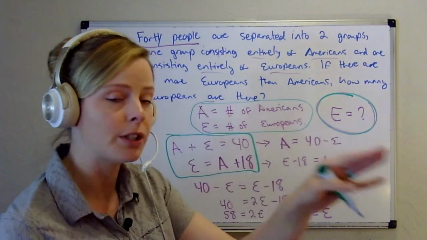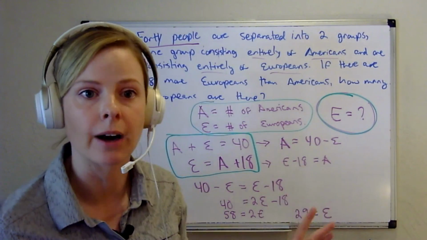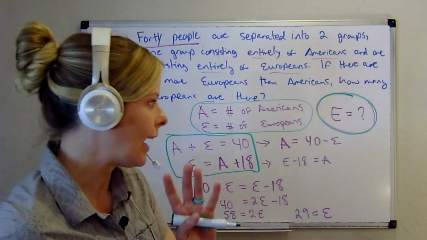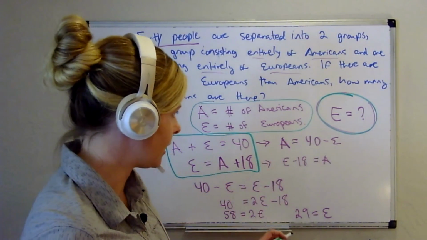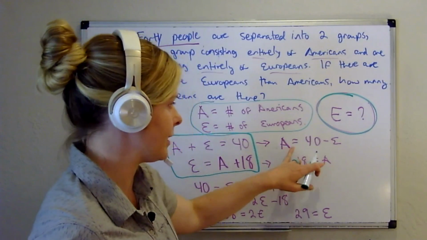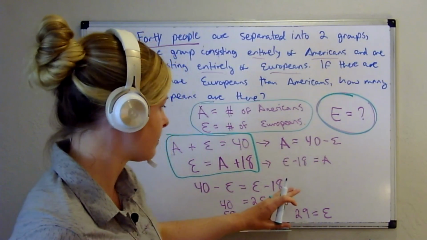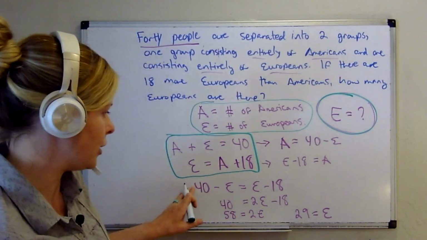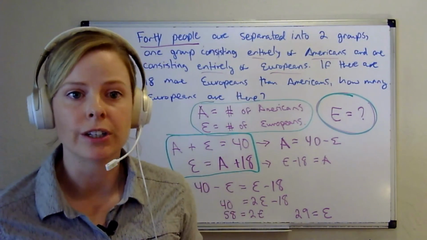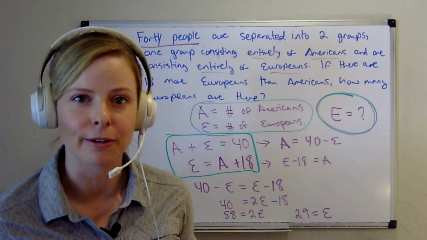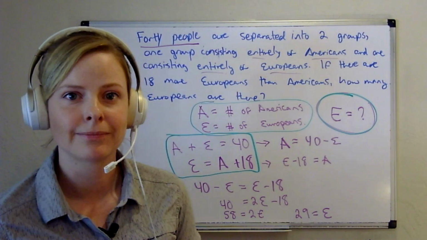Fourth is to choose how to solve it. Lots of options of how to do this algebra. I think this is the easiest possible way. So for this particular question, I decided to get rid of those A's and work directly with my E's. And then finally, as you go through, you are slow, careful, and deliberate, and make sure you don't make a silly mistake and then lose out on those points.